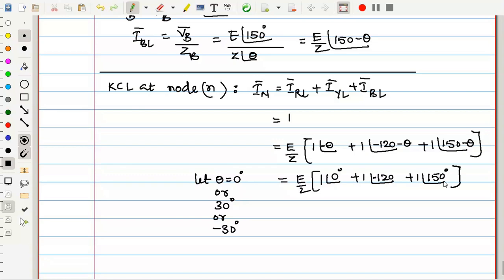Can you tell me? 1 at an angle 0 plus 1 at an angle minus 120 plus 1 at an angle 150. Quickly. It is equal to 0. Observe carefully. Check it properly. It is equal to 0.